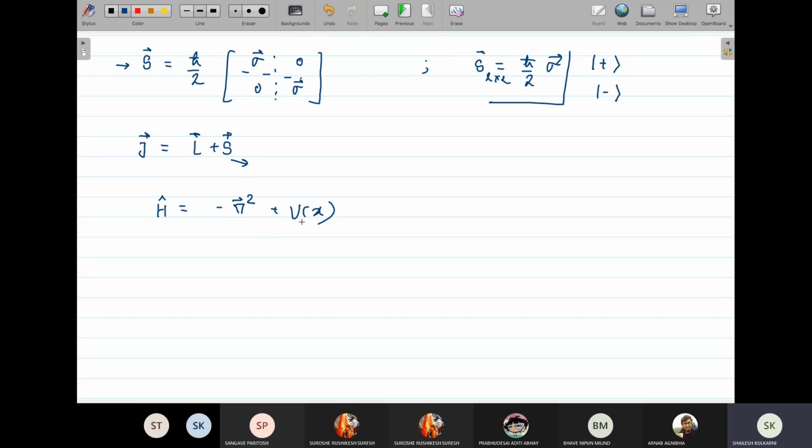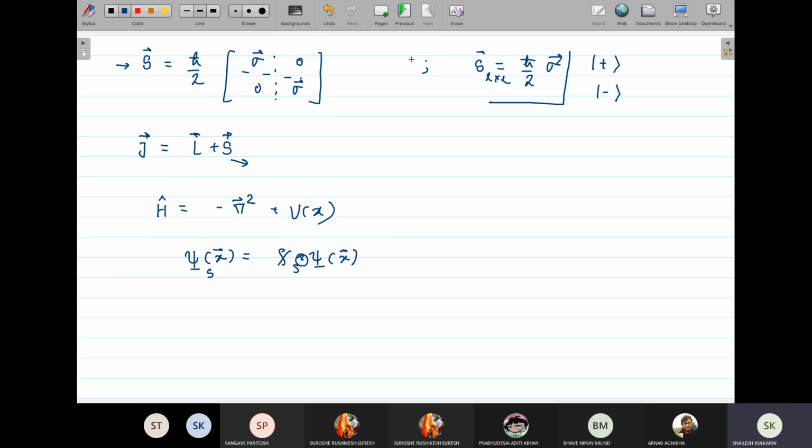What you do is you add the spin ad hoc, and then you say my total wave function psi of x, s is the spin part and coordinate part, and use it in the expectation values and so on.